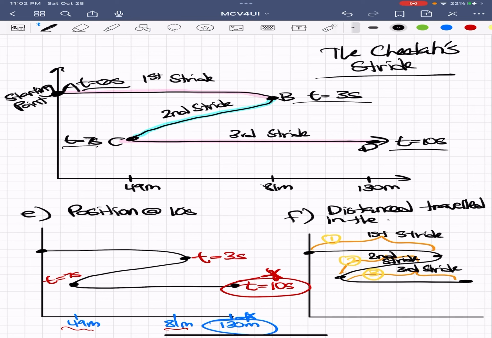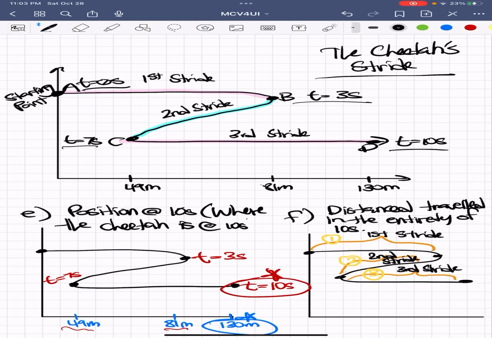In the entirety of the 10 seconds. So we'll do where the cheetah is at 10 seconds. And then we'll do the distance traveled by the cheetah.